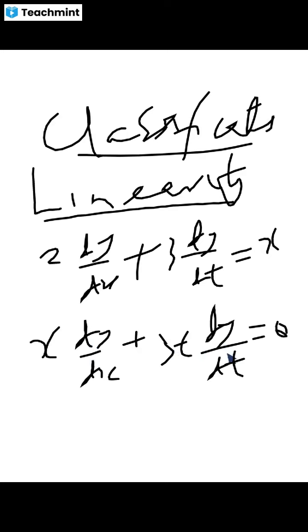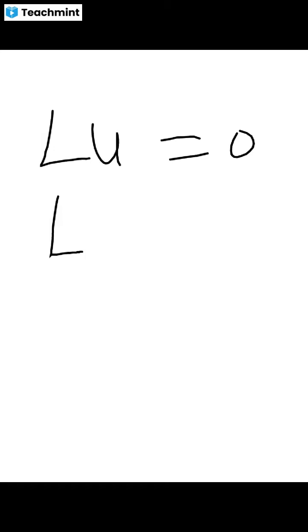Because for you to call a differential equation linear, it must satisfy a condition. What is that condition? The condition is Lu is equal to 0. Here L stands for the derivative operator and u stands for the dependent variable.